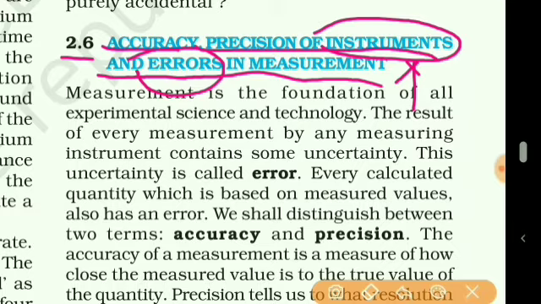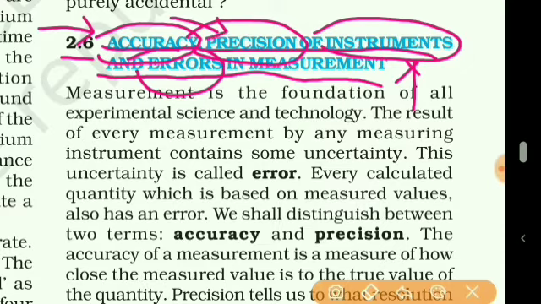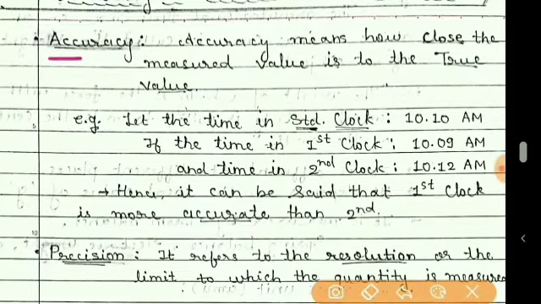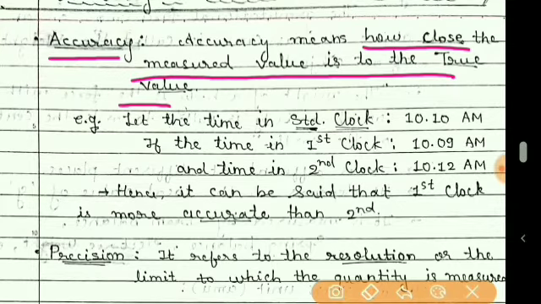Any instrument has its accuracy as well as precision. So now first of all we will learn what is accuracy and the precision. Now accuracy means how close the measured value is to the true value.